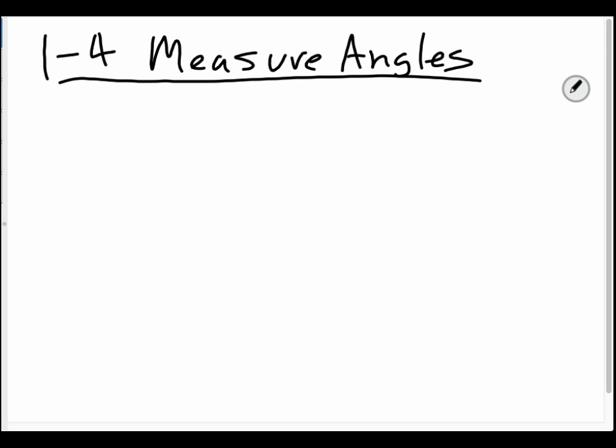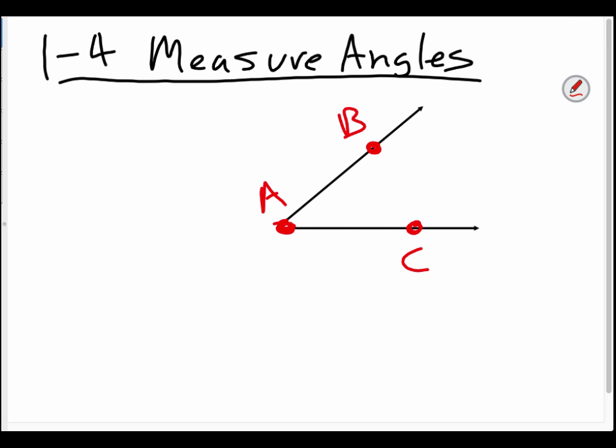If I take two rays, now remember by definition a ray has an endpoint and then another point, but if I take two rays and connect them at the endpoint, I get an angle. So I'm going to label this. We'll call this A, we'll call this B, and C. This right here is what we call an angle.